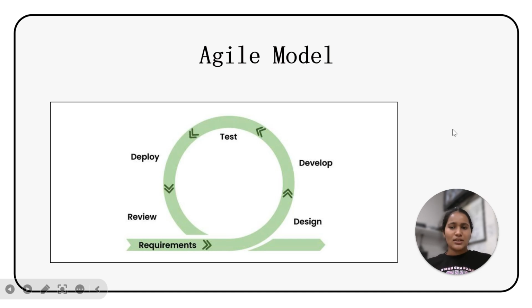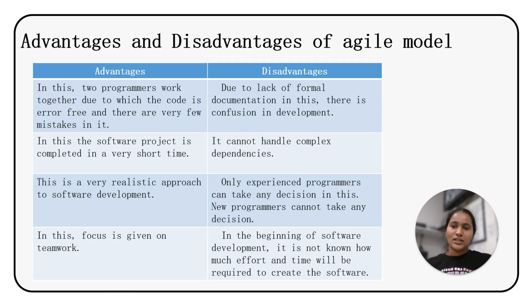The customer representative has an idea of each iteration so that he can easily change the requirement. There are very few rules and documentation is negligible. There is no need for planning. It can be managed easily. It provides flexibility to developers.